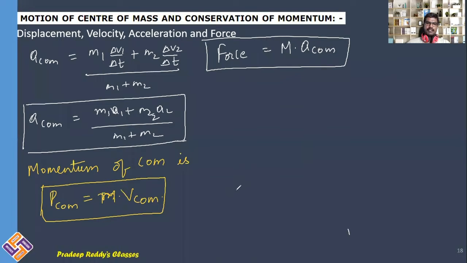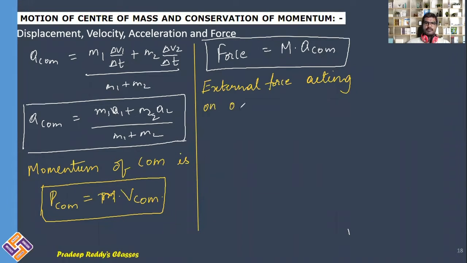So if there is any external force acting on the object, it results in acceleration of the center of mass. Therefore, F external can be written as m into ACOM.